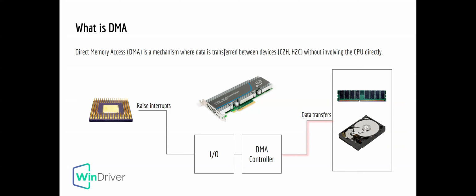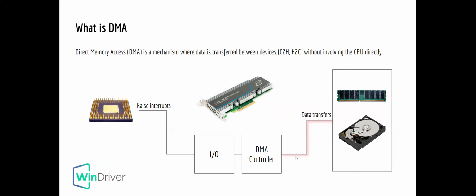Okay, so here we have the CPU. In regular cases, the communication goes through the CPU to take requests, to manage power events, and so on. In DMA, we create a direct channel between the PCIe device and the memory component, mostly RAM, but it can also be a ROM, a hard drive.